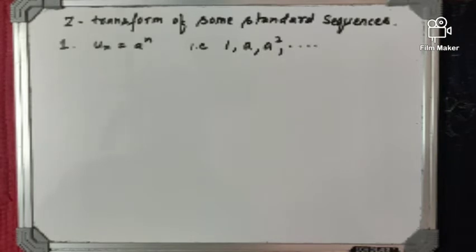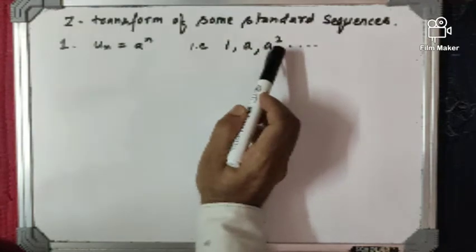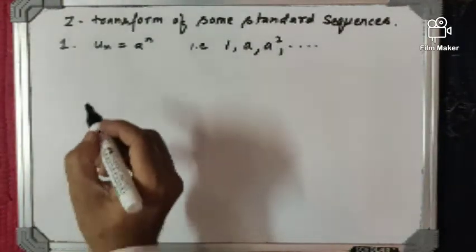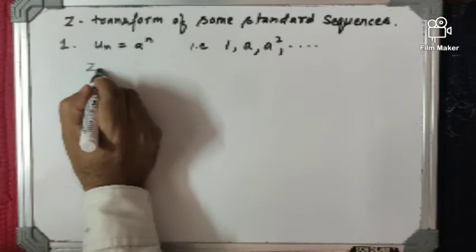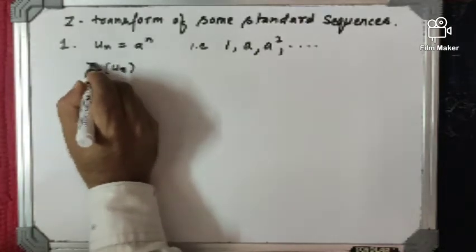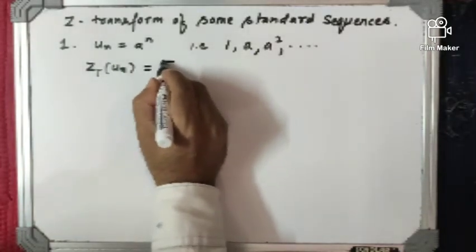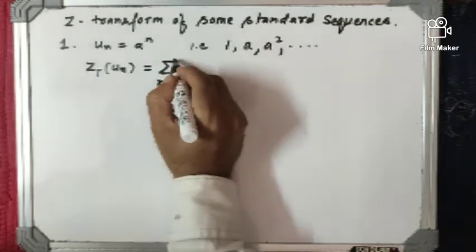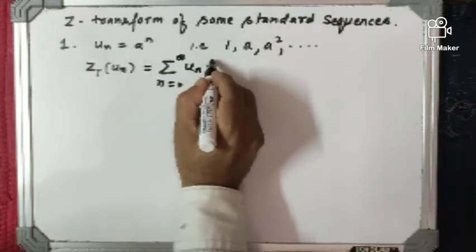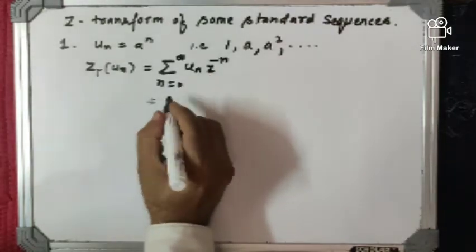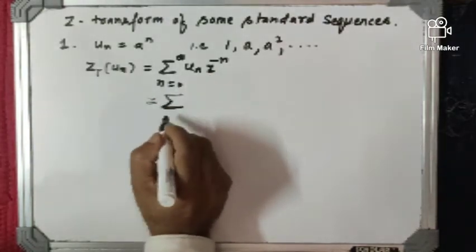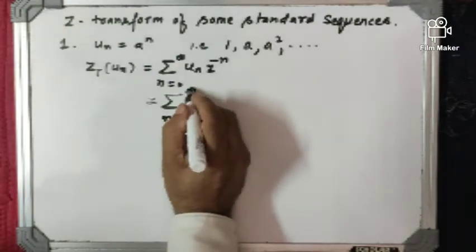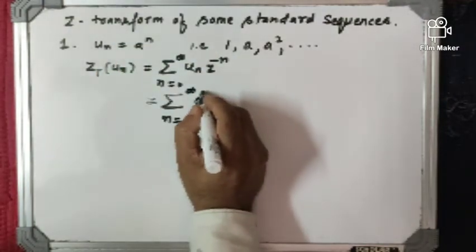Now we discuss Z transform of some standard sequences. So first one is Z transform of a power n. That means the sequence 1, a, a square, etc. Now by definition, Z transform of un is equal to summation n equal to 0 to infinity un z power minus n. What is un? un is a power n.